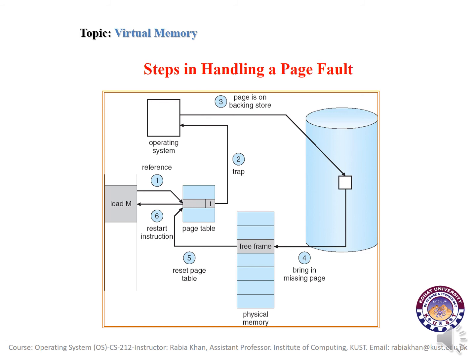The operating system then resets the page table entry and sets its validation bit from 0 to 1, as shown in step 5. Then the instruction from the running process that referred to this page gets restarted, as shown in step 6. I hope the whole page fault mechanism is understood by you all.